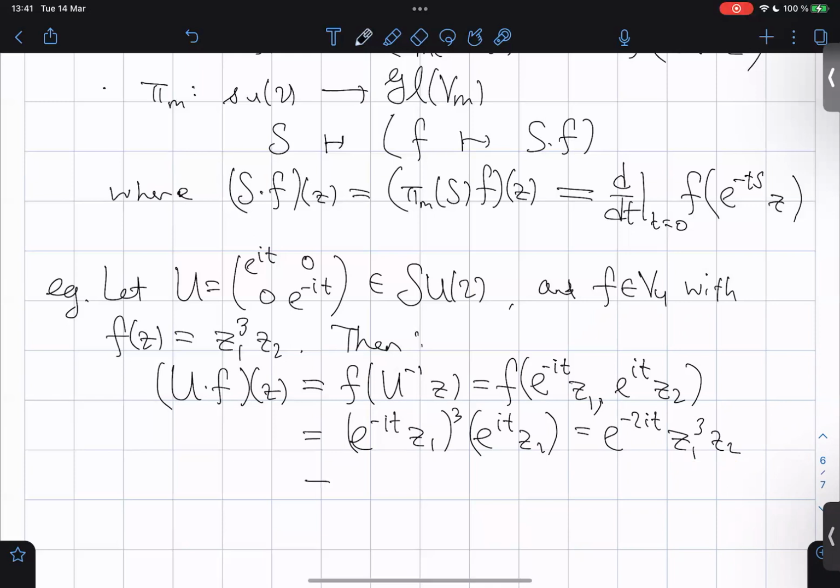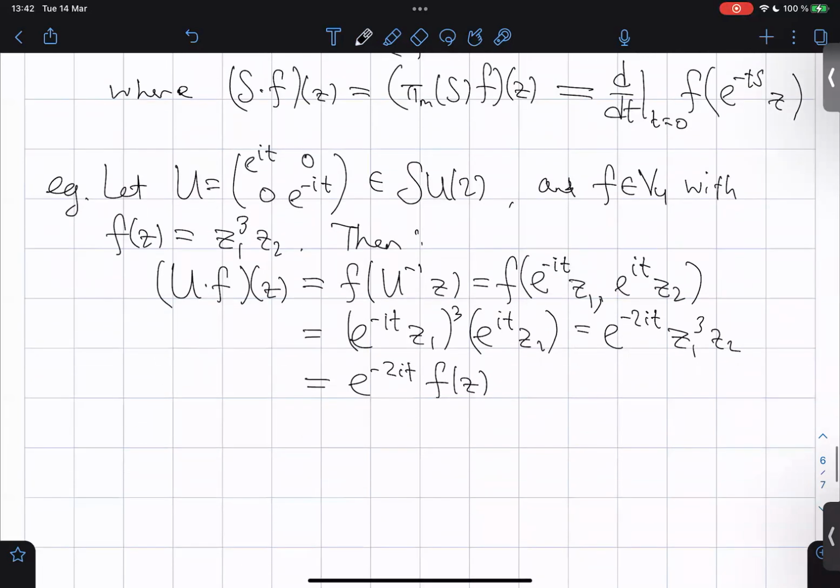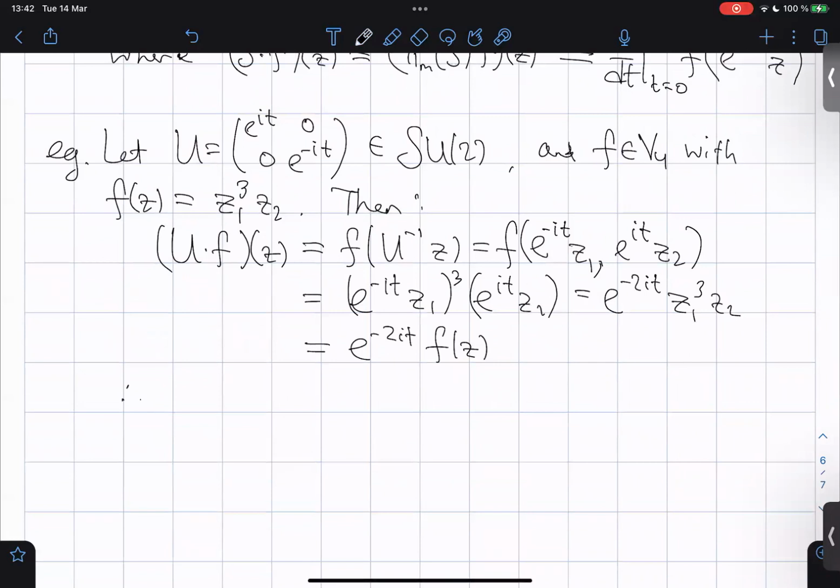So this is e to the minus 2it times F. What I just showed is that that's what happens for each Z. So U acting on the function F is e to the minus 2it times F. So that's the output of this calculation.